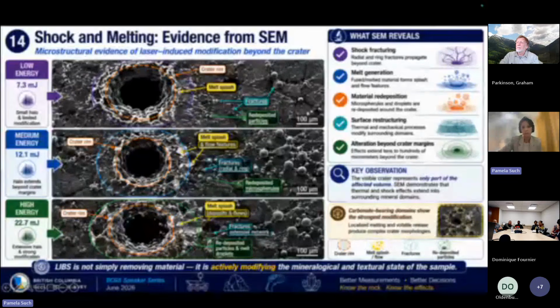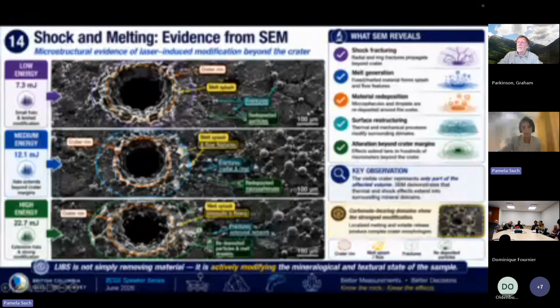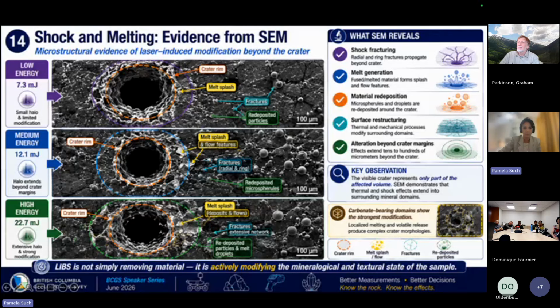For medium energy, or 10% of laser energy, we have some redeposition of material that was also mapped and observed with the atomic force microscope. For the high energy, up to 20% of laser energy, we have not only the fractures and the redeposition of material, but also flows, like a flowing of material.